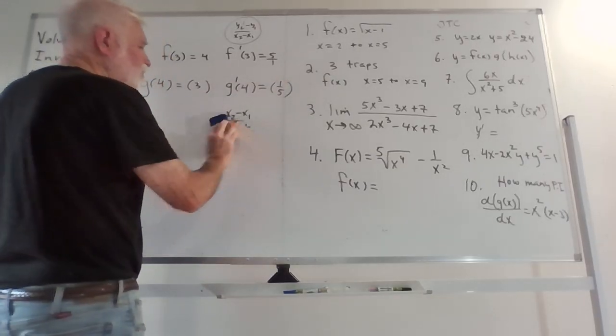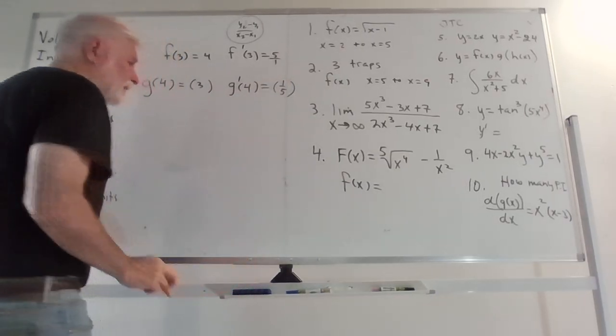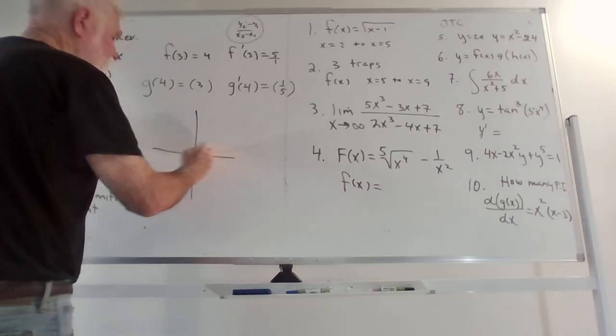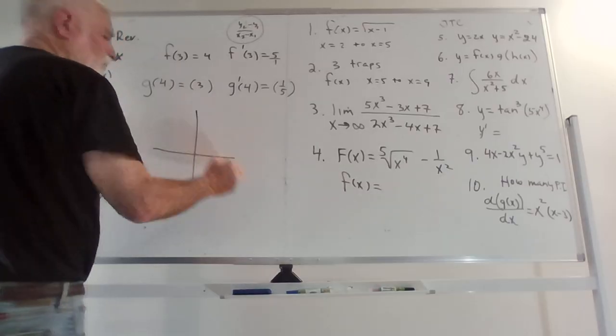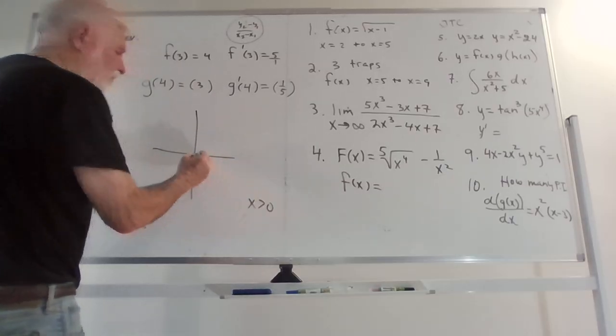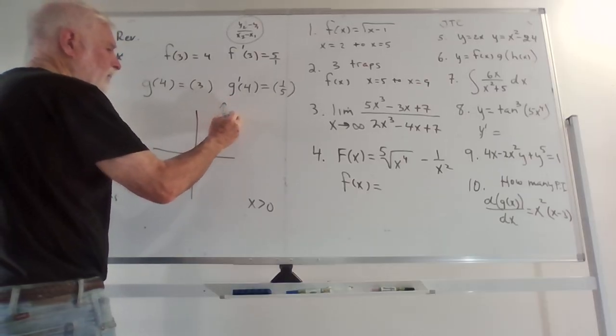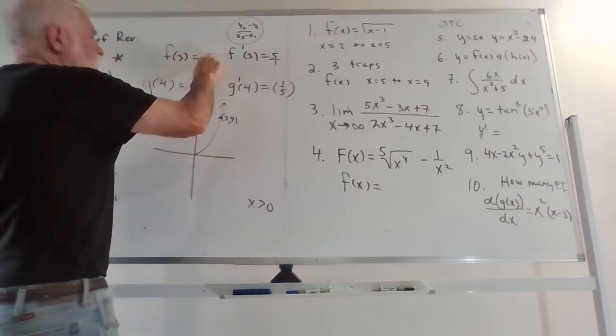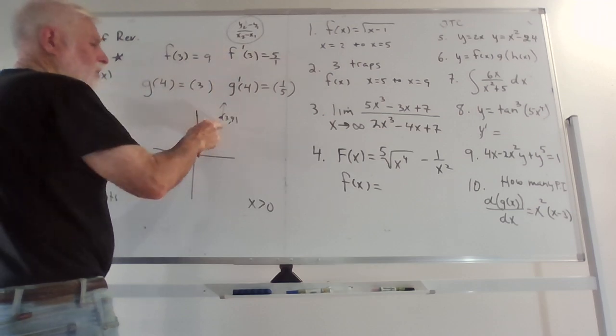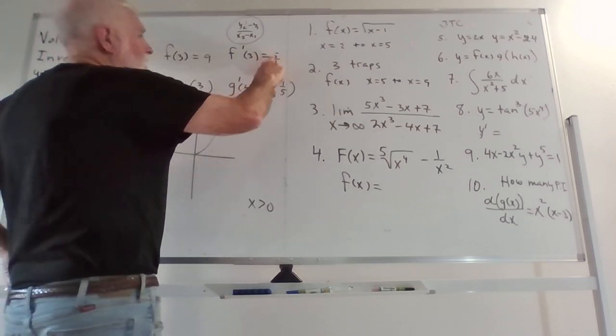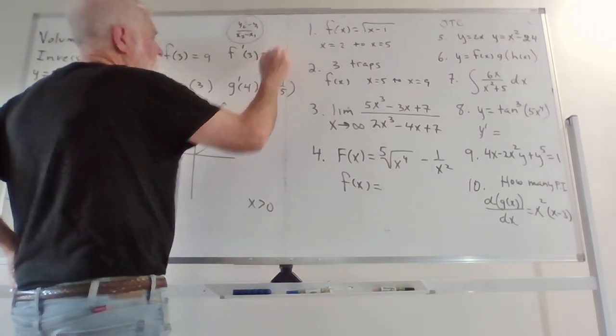Well, let's see if that's true with a couple of inverses. Let's use x squared. I've done it, but for x greater than 0. So we're just going to look at x greater than 0. Here's x squared. And I know at 3 I get a 9. So f of 3 gets me 9. And I know my slope of x squared is 2x, so f prime of 3 gets me 6.